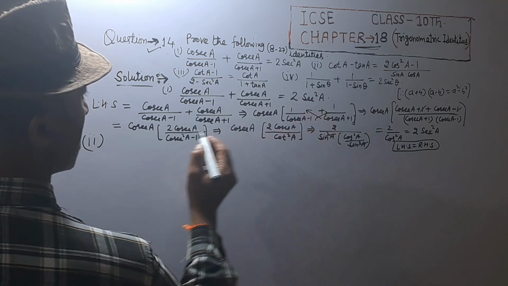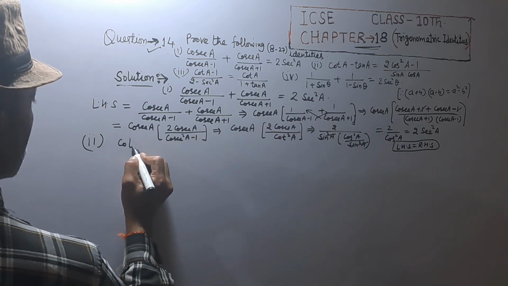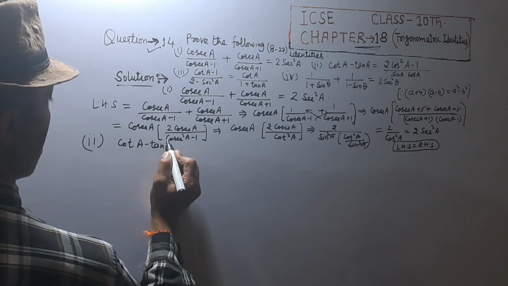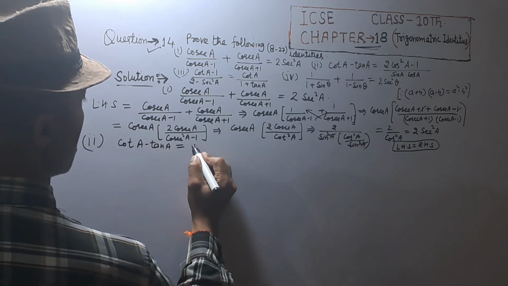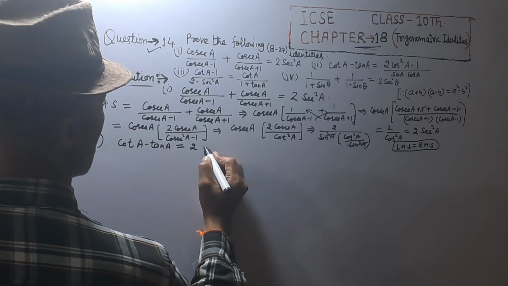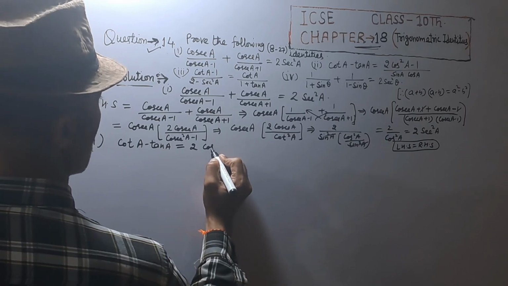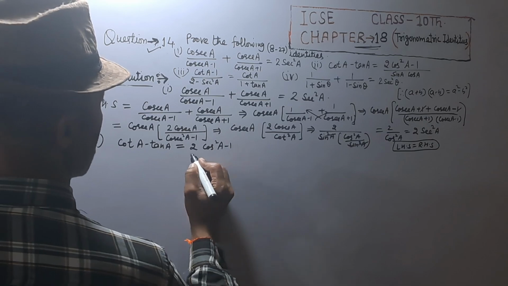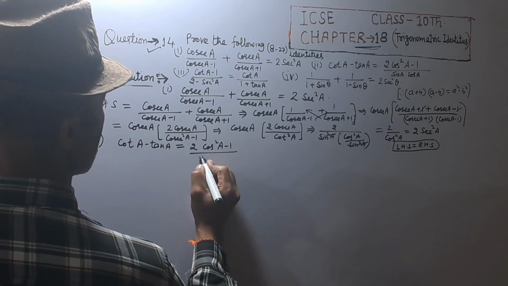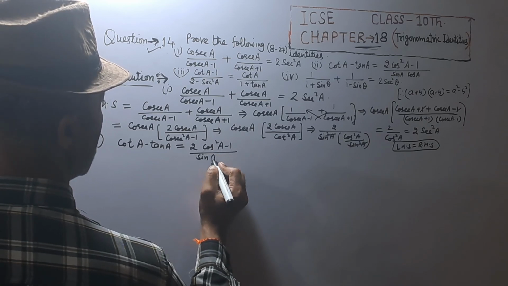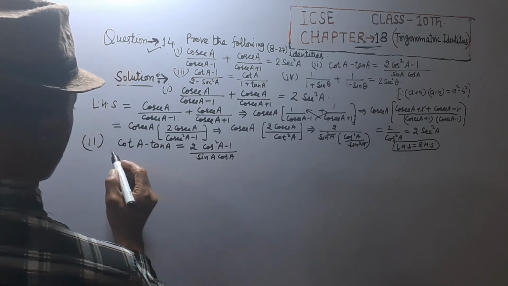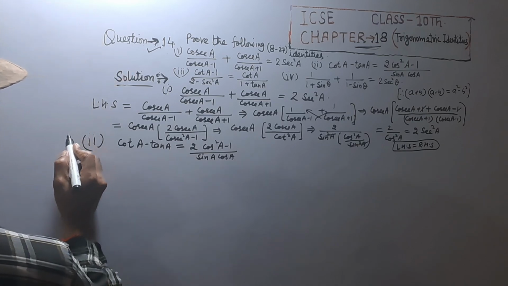Second part, that is cot A minus tan A is equal to 2 cos square A minus 1 upon sin A cos A. Solution.